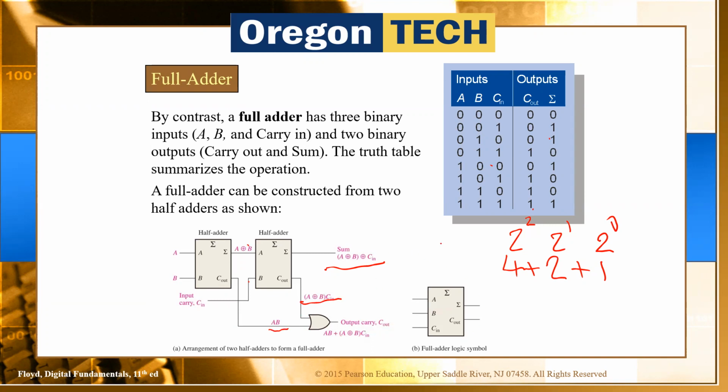That is how I built a full adder. And please note, I built it out of 2 half adders. I used 2 half adders to build the full adder in addition to an OR gate. And the full adder adds A, B plus C, the carry from the previous stage.